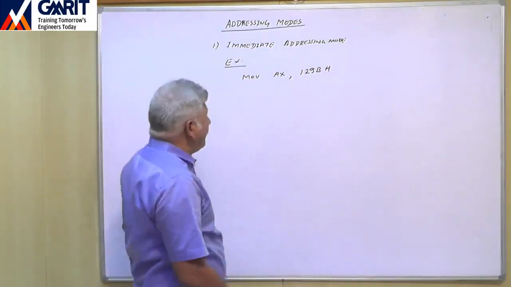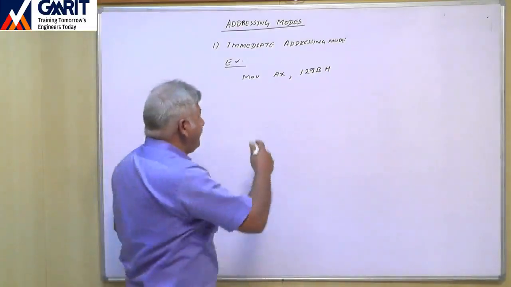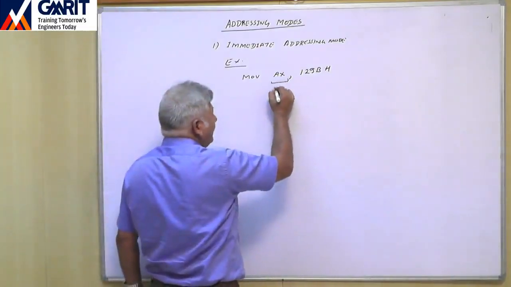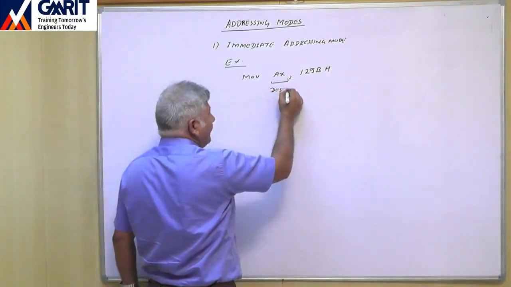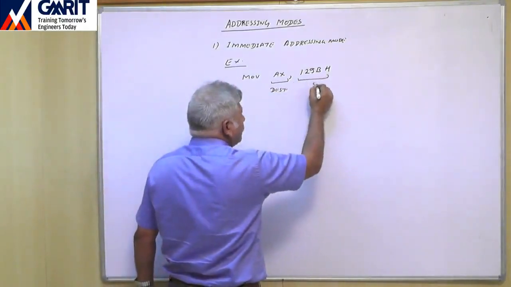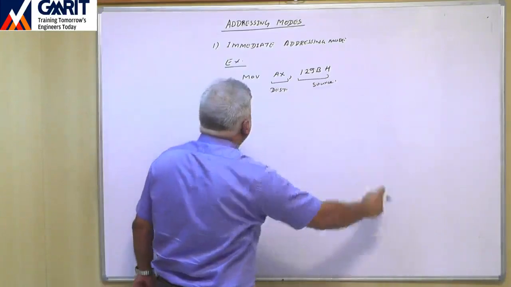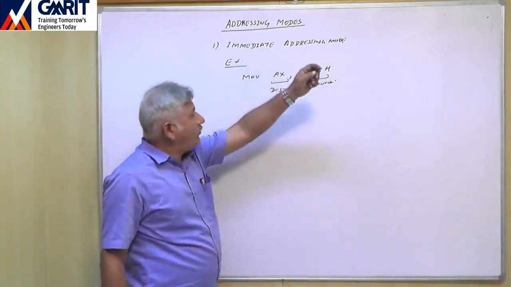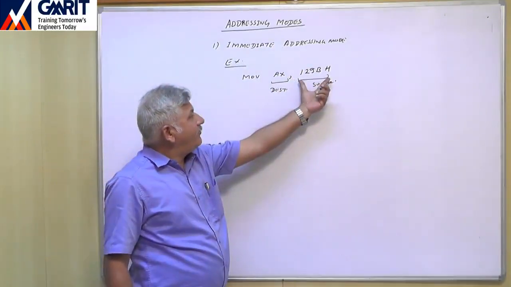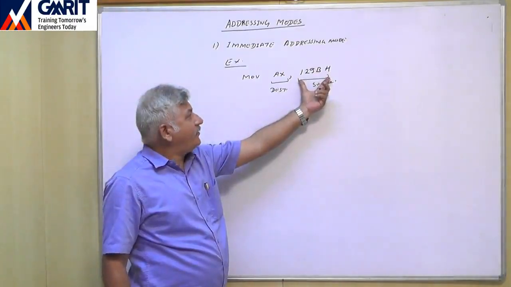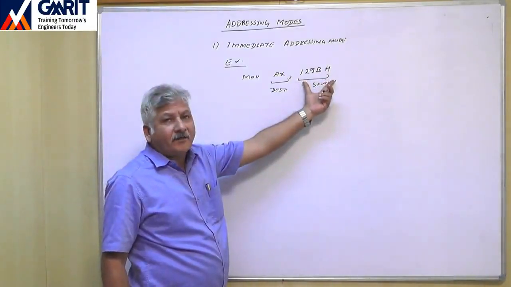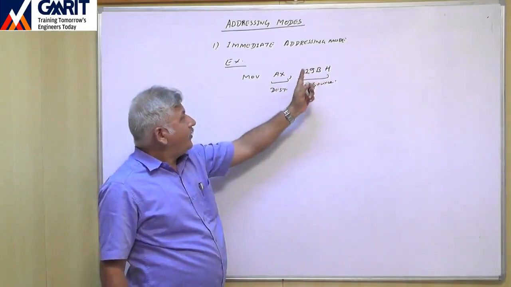Now what is the meaning of this instruction? This is our destination, and this is our source. In case of immediate addressing mode, the data is the part of the instruction. So here what is happening?